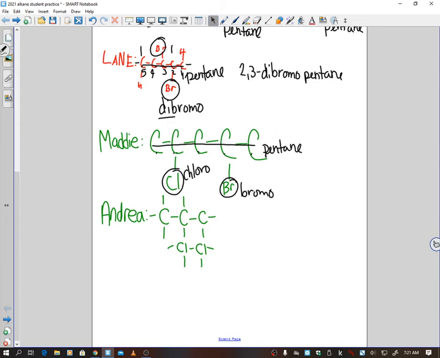So which way do I go when it's going to be the same no matter what? Well, I'm going to look at alphabet, whichever one I'm going to name first. So I'm going to go 1, 2, 3, 4, 5. So it's going to be 2 bromo, 4 chloro, and now I'm going to put the pentane down here.